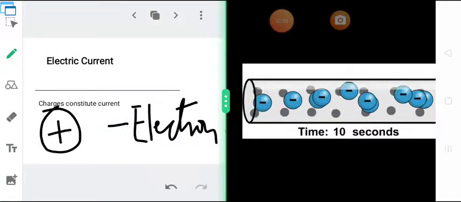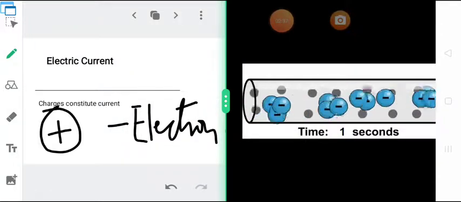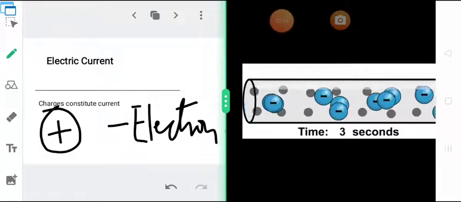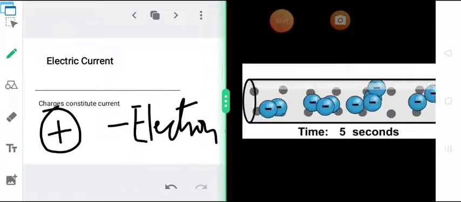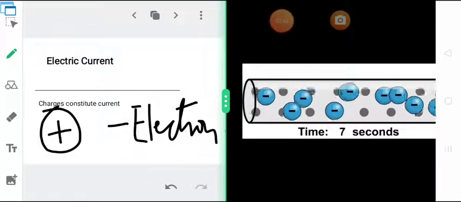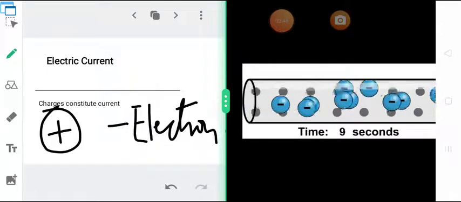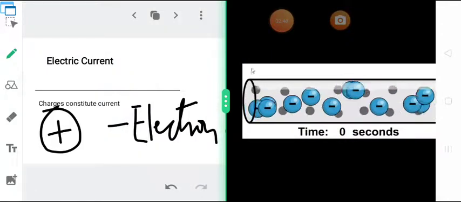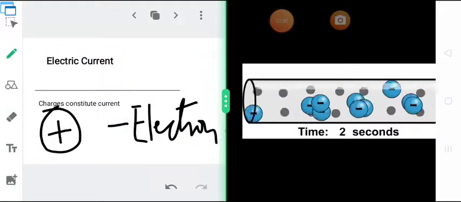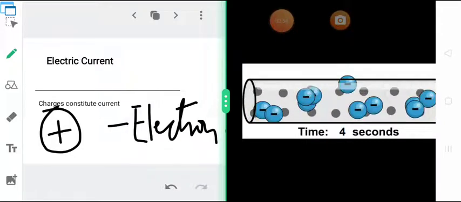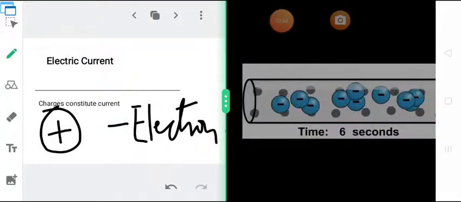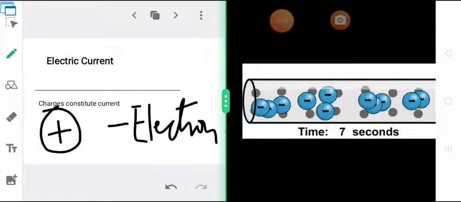Now, how these electrons are moving inside any conductor, that you can understand with the help of this adjoining picture. You can see how these electrons are moving, and in addition they are also moving in one specific direction. Now, it is not possible for every electron to continue moving in the same direction all by themselves.